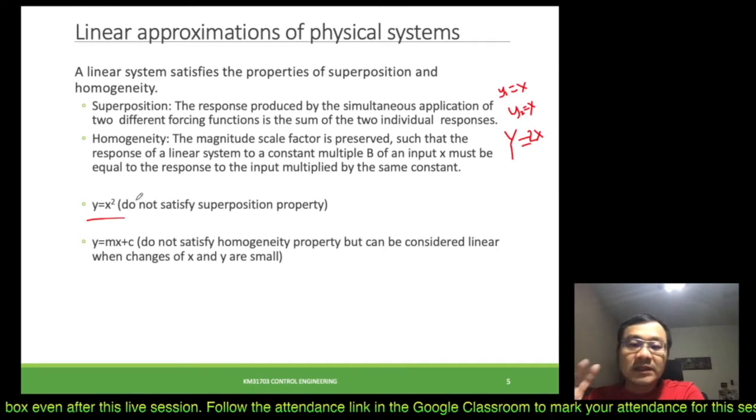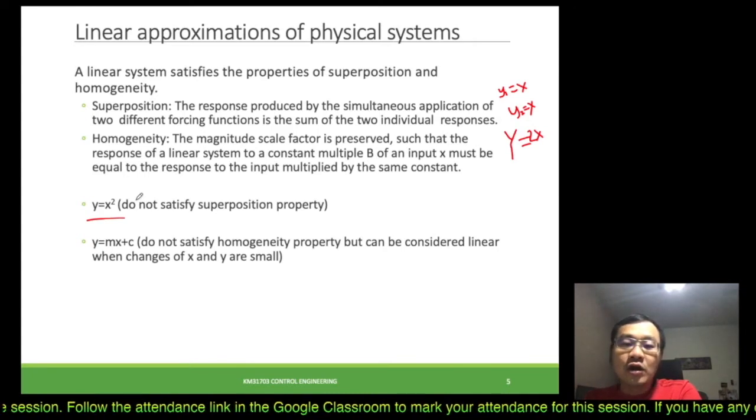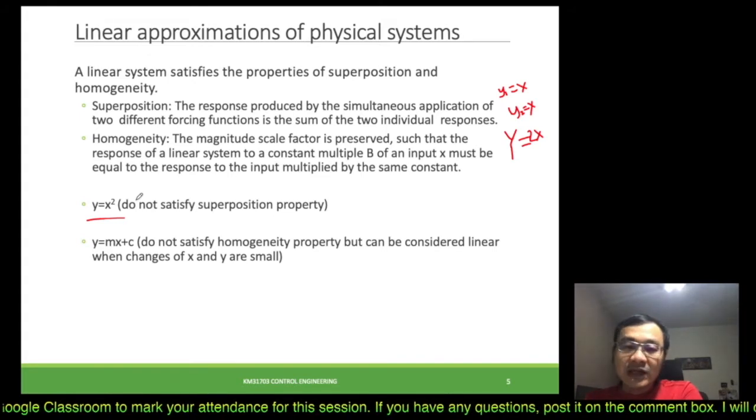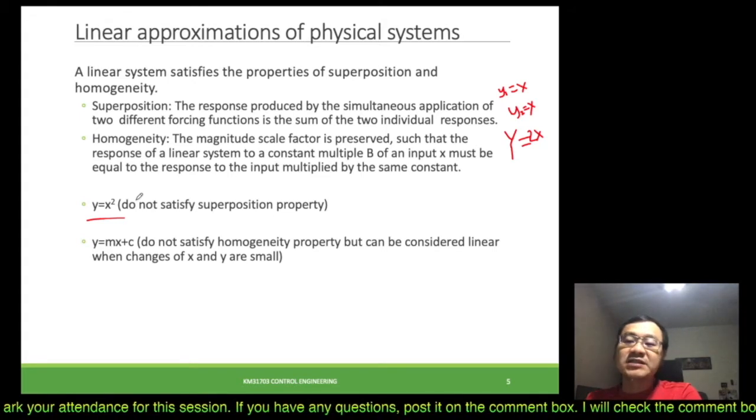The second property is homogeneity. In homogeneity, the magnitude scale factor must be preserved.